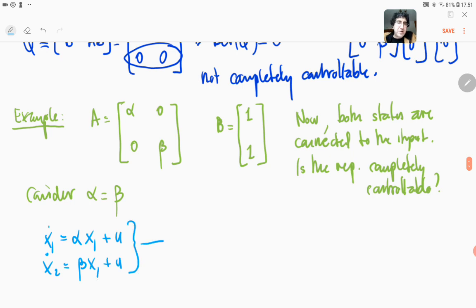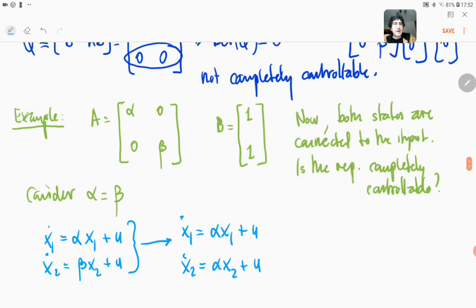Given alpha equals beta, I have x1 dot equals alpha times x1 plus u, and x2 dot equals alpha times x2 plus u.